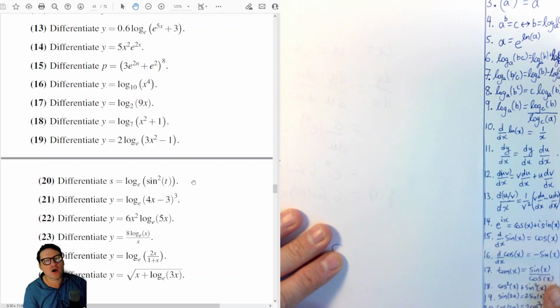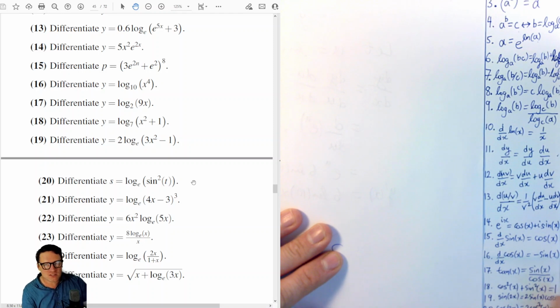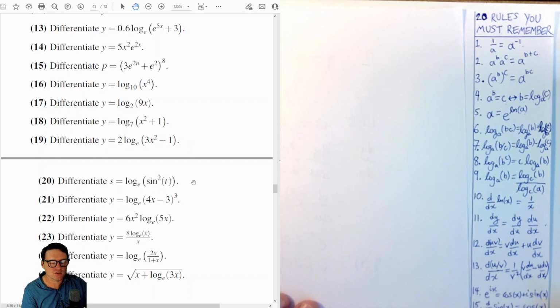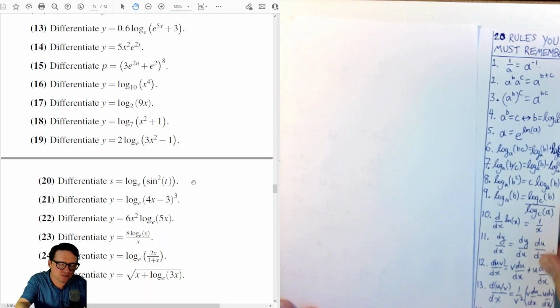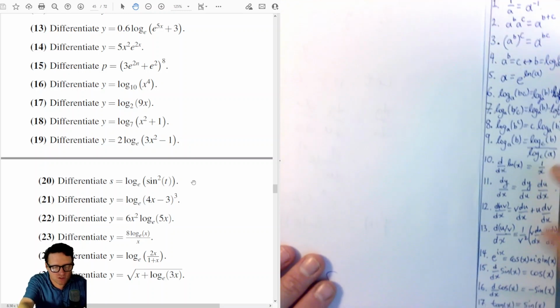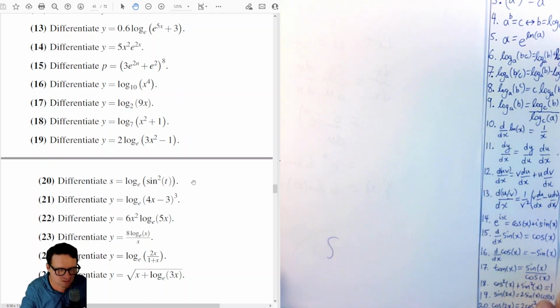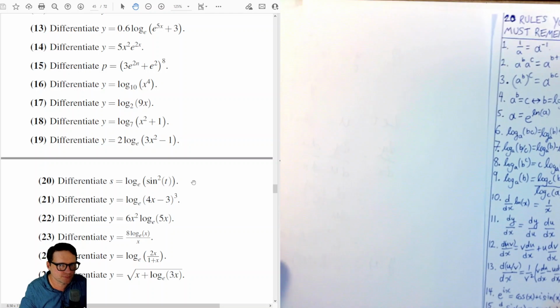The definition of cot, which is the multiplicative inverse of tan, or cos x over sine x. And then, there are a few others. But these are the 20 most important rules that I would memorize. Okay, so put these on some flashcards and just learn them.